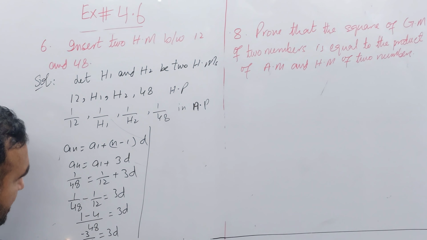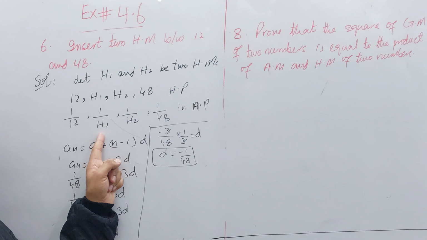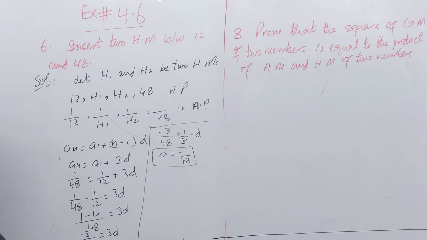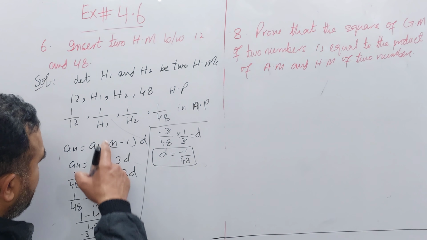Now we can find the value of 1 over h1. First we have to find 1 over h1, and then we will get h1 by taking the reciprocal. This is the second term. Using the nth term formula, an is equal to a1 plus (n minus 1)d.